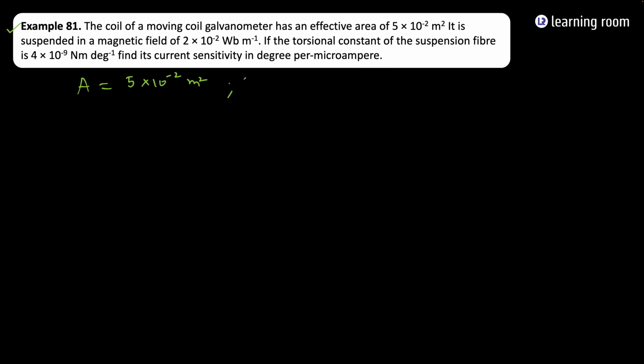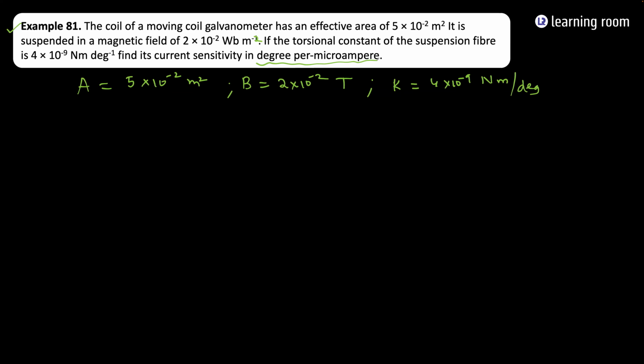So B is equal to 2 into 10 power minus 2 Tesla. If the torsional constant of the suspension fiber is K equal to 4 into 10 power minus 9 Newton meter per degree, find the current sensitivity. But here there is a twist: find the current sensitivity in microampere.